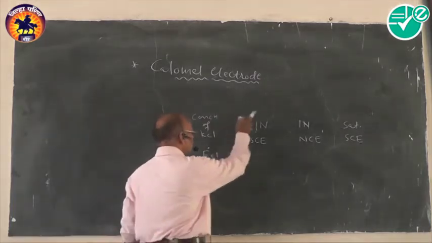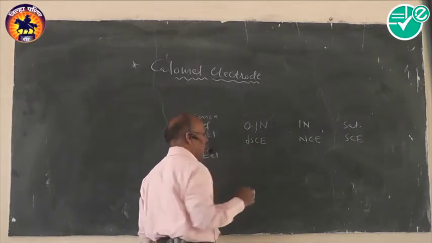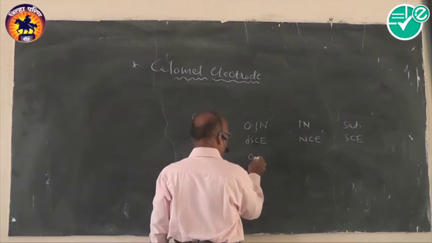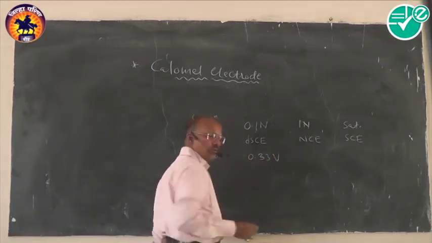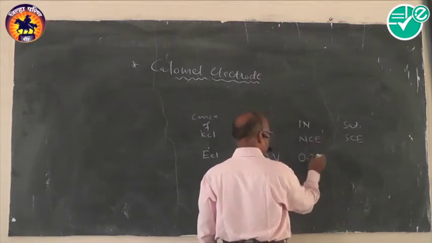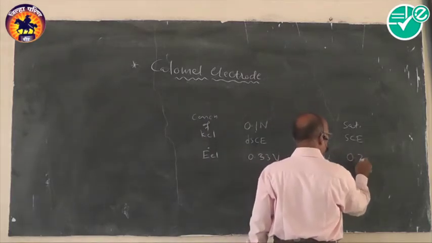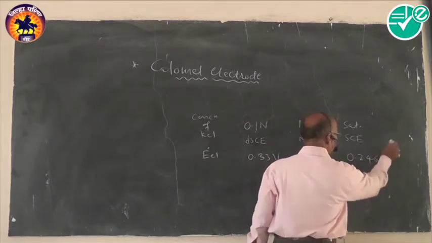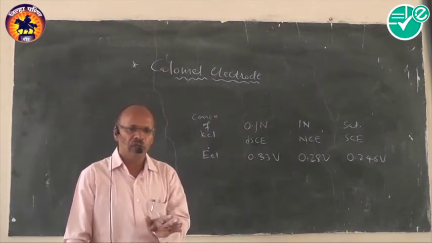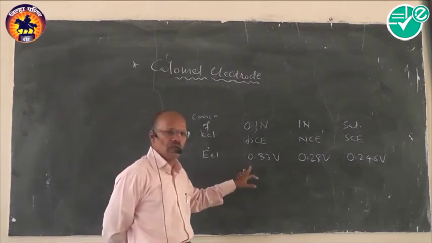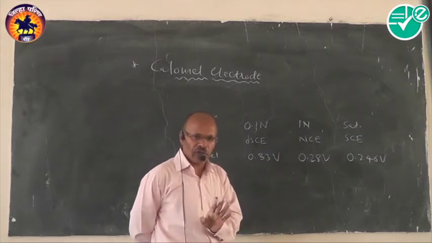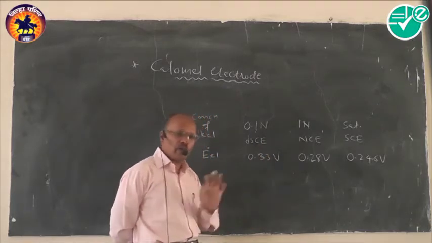In this particular case, for the decinormal concentration, the potential is 0.33 volt. Then for this one, 0.28 volt. Along the same, it is showing 0.246 volt here. So remember that the electrode potential for the calomel electrode depends upon the chloride ion concentration, that is, the potassium chloride concentration.